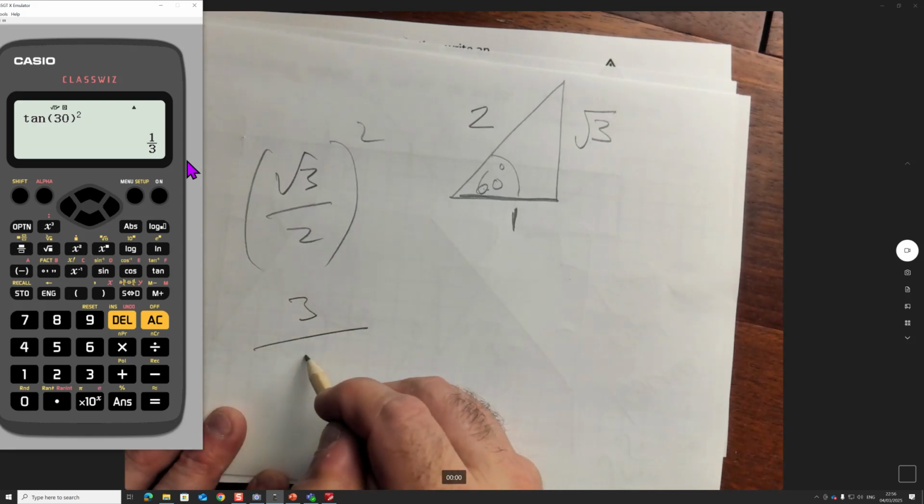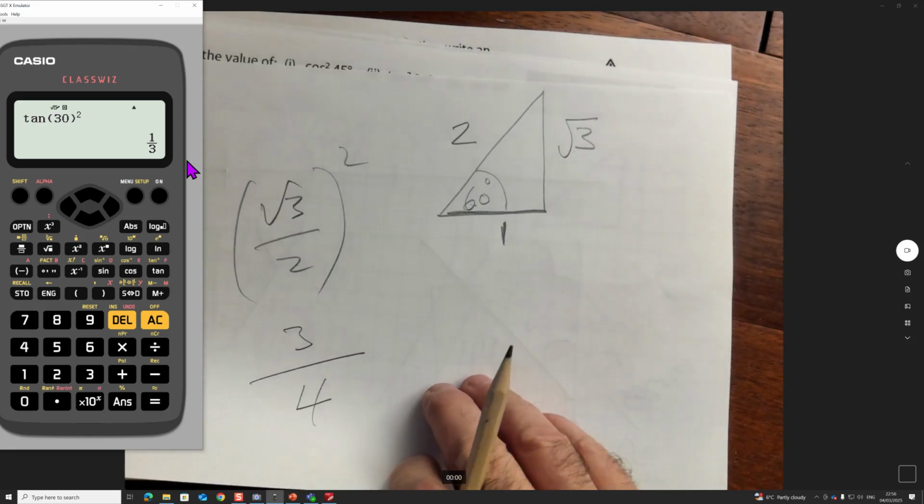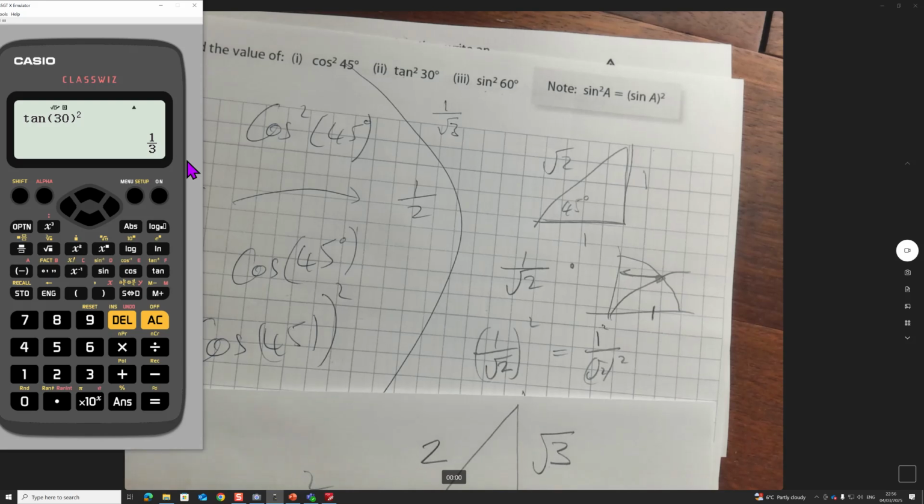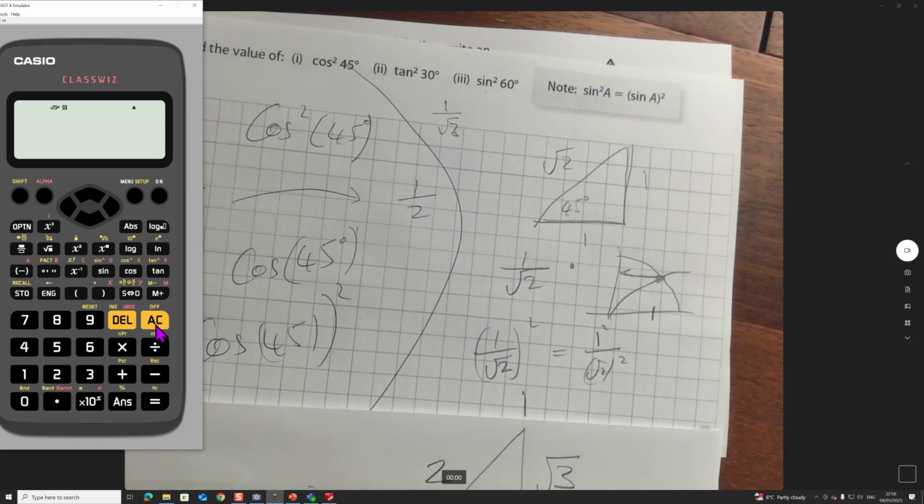Now root 3 squared is just 3, and 2 squared is just 4, and that's the answer our calculator is going to give us. Let's have a look. So clear the decks, and now we found we don't have to have what I was going to call the outside bracket, but we can't put a square there. We have to go sine 60, close your bracket, and that's going to happen first, and then you're going to square the answer.